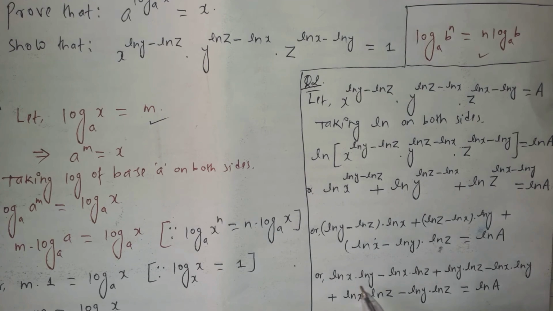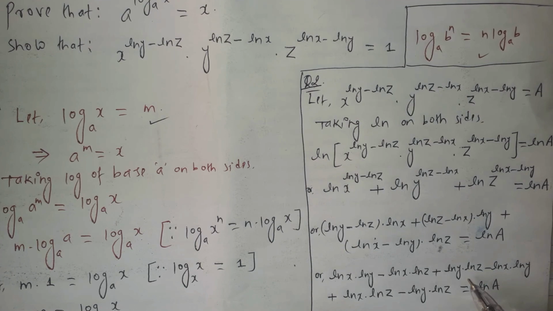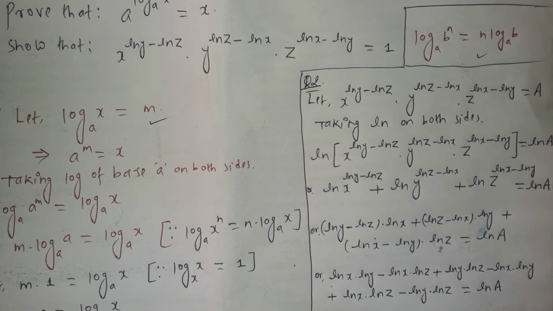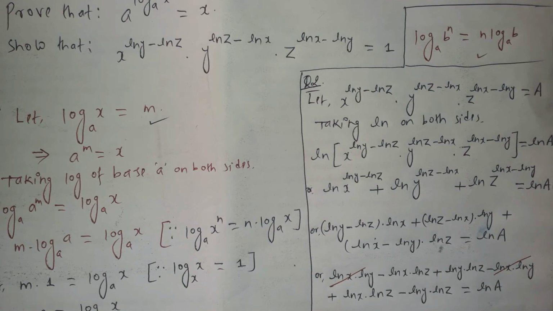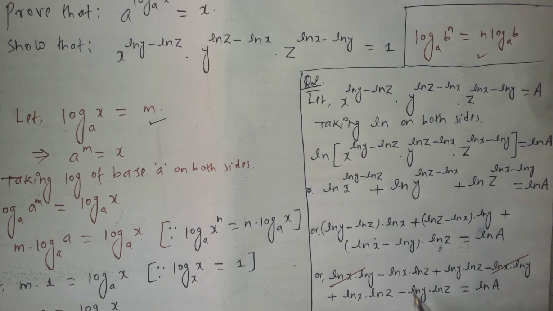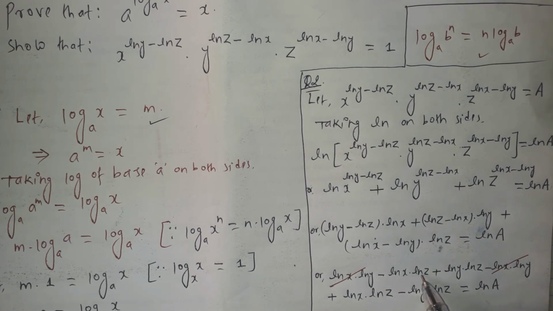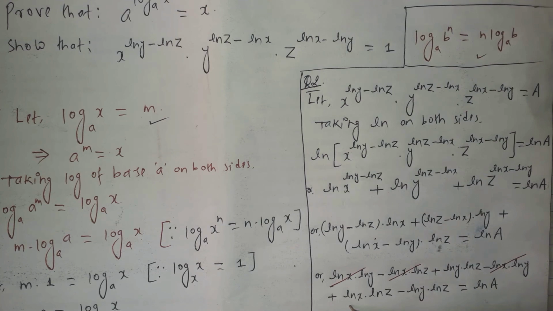Here the ln x times ln y is positive and there is a negative ln x times ln y, so these terms will cancel out. Similarly, the negative ln x times ln z and the positive ln x times ln z will also cancel out.